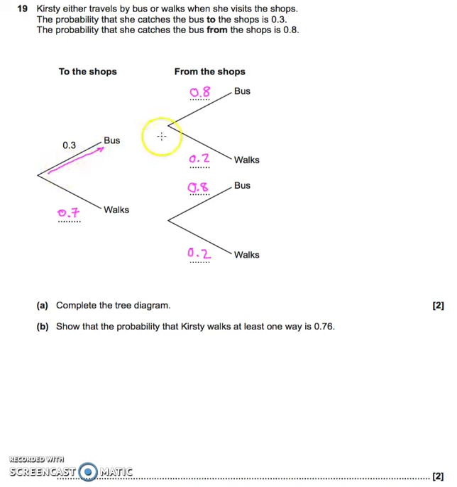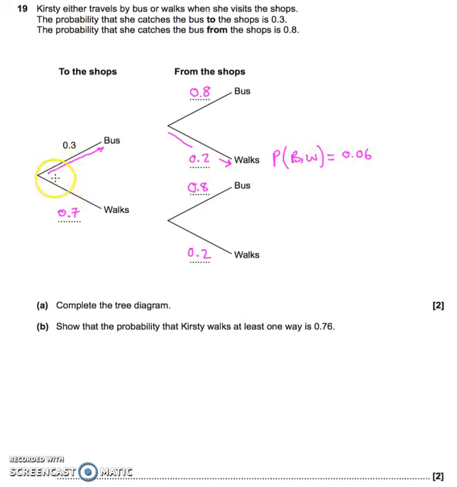If we think about getting the bus and then walking, we write down this notation, the probability of getting the bus and walking, so that's walking at least one of the ways, is equal to 0.3 multiplied by 0.2, which is going to be 0.06. You could use a calculator for that if you wanted to.